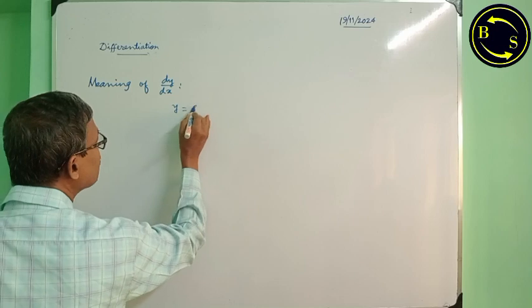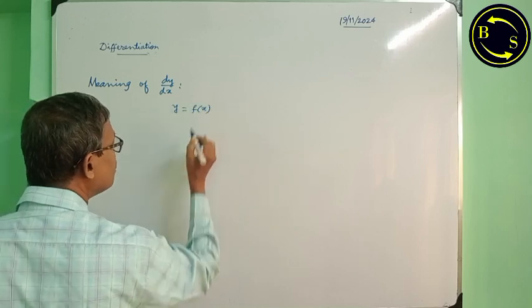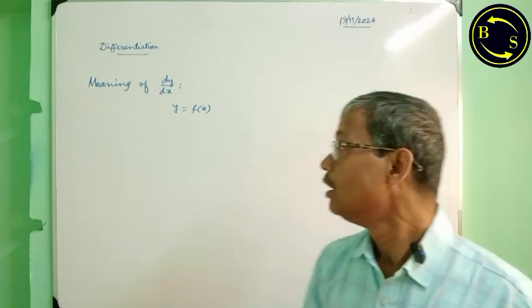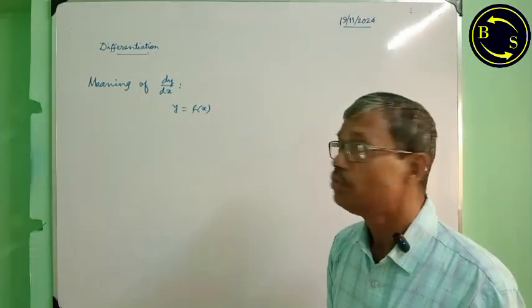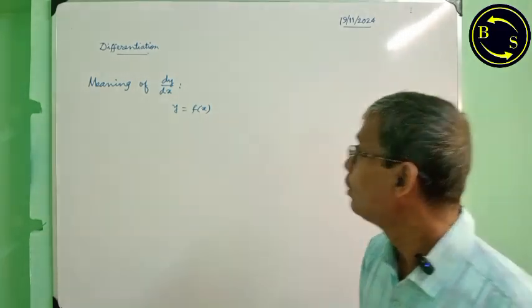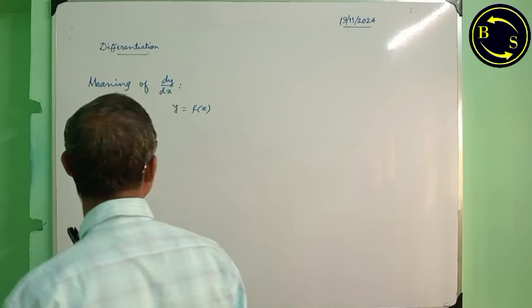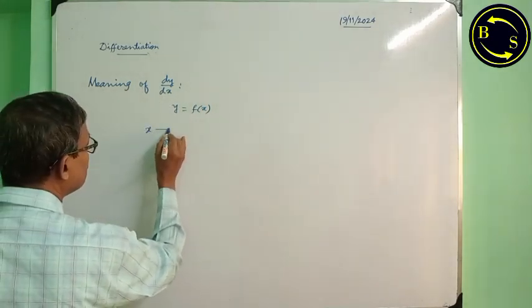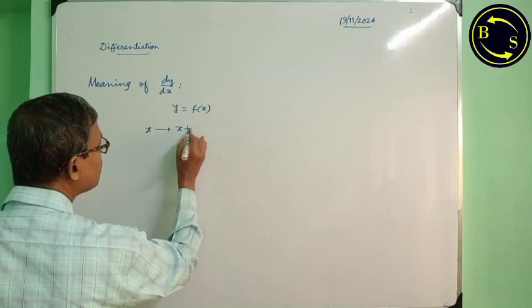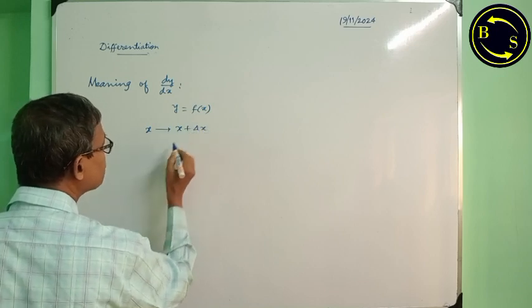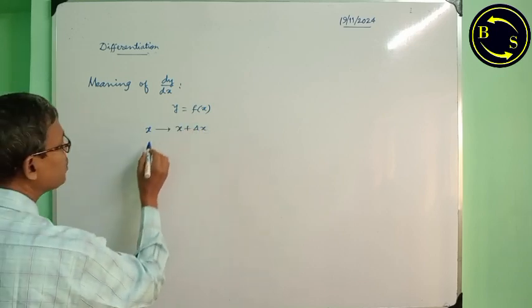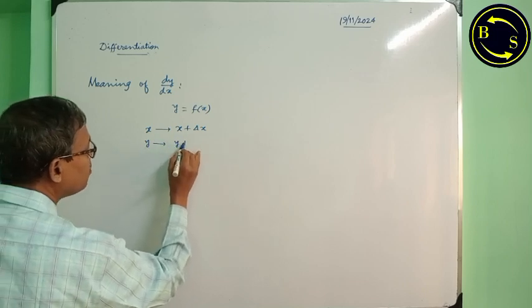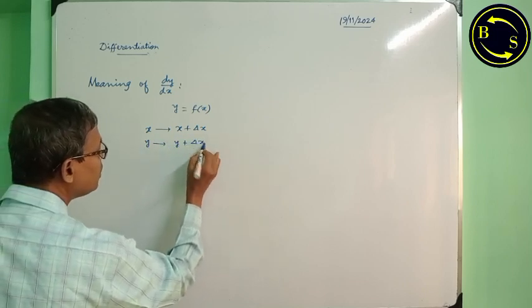y is a function of x. Already it is discussed, f(x) is taken to be single valued. Now, corresponding to the change of x, that is x takes the value x plus delta x, and the corresponding changed value of y is y plus delta y.